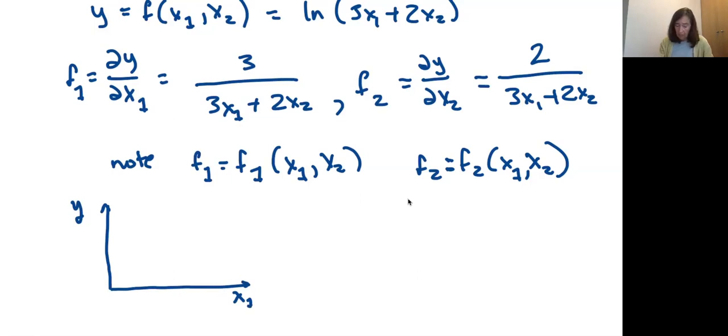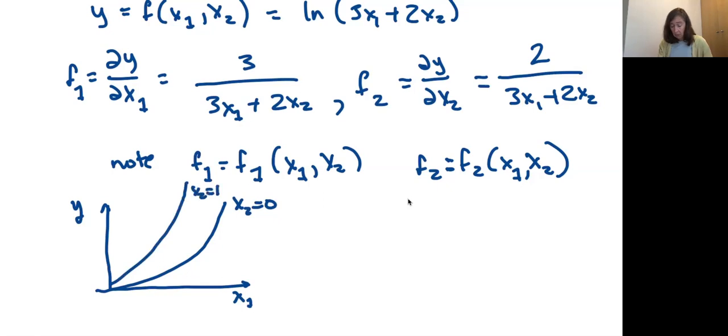Let's say that right at the page x2 equals 0, that's one contour here. Go a little bit above that and slice the function at x2 equals 1, and you'll get a slightly different shape. This is the point I'm saying here. x2 equals 1.